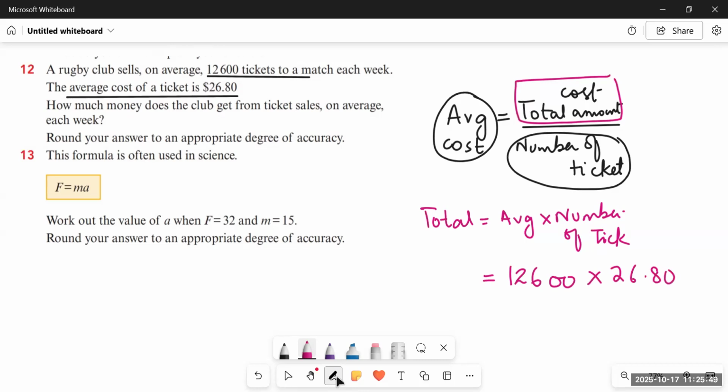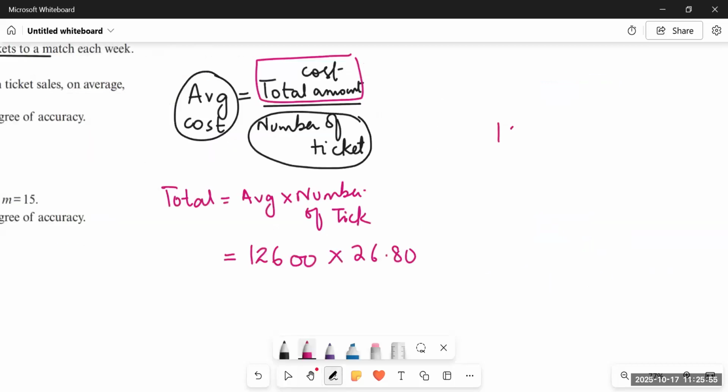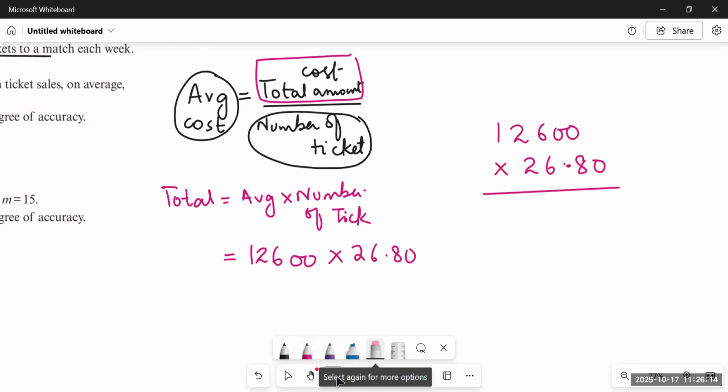When we multiply these two amounts, we will get... Here we need not multiply the zeros. So we will just omit the zeros from here and we will add these zeros at the end.